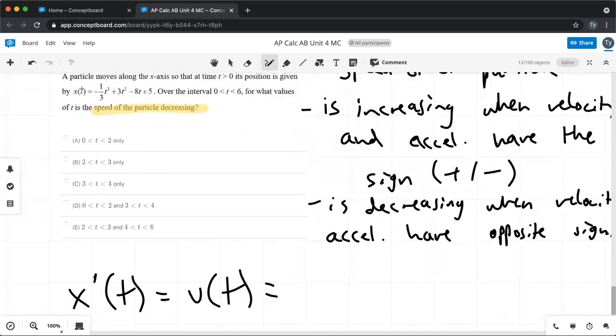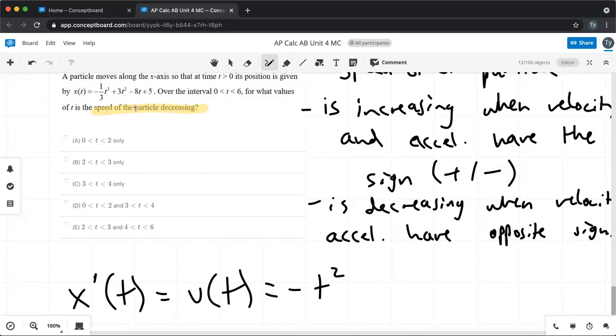This is just a polynomial, so we use a bunch of power rules. Taking the derivative of the first term, we bring that power down and simplify. So we have negative a third times 3, which is 1, t to the 2. We bring down the old power and decrease by 1.